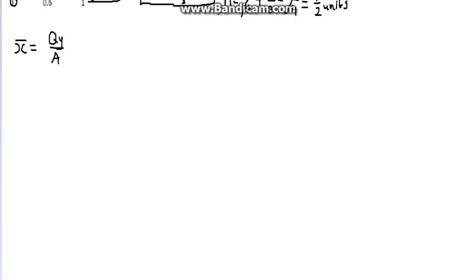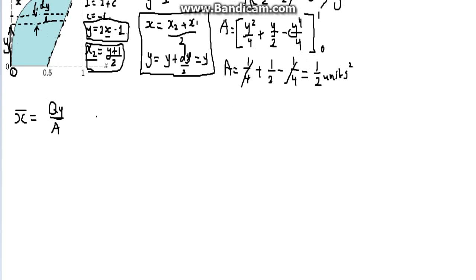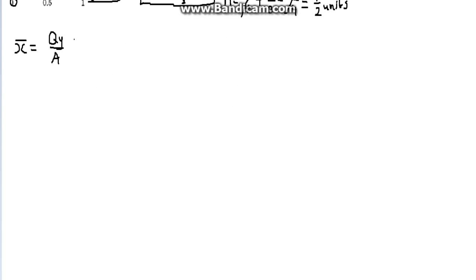We just worked out area, haven't we, which was a half squared unit, where Qy equals the integral between two limits of x bar dA. Okay, so I'll see you guys in my part 2.